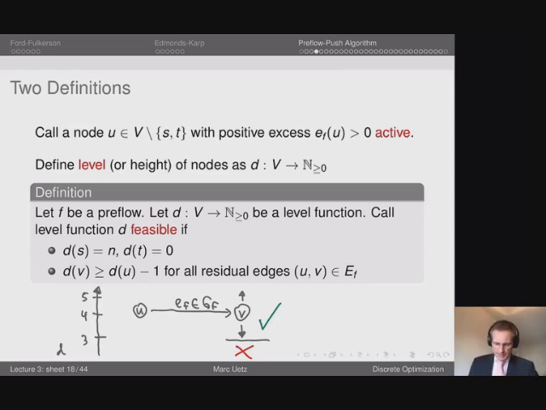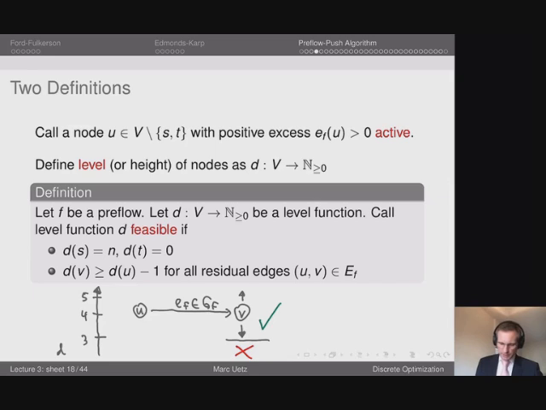Then the level of that node V in comparison to node U could be, for example, larger than that of U. It could also be smaller than that of U, but not by too much. So if the level of U is 4, like on this picture here, then the level of V could be 3, 4, 5, 6, etc. Such a level function is called feasible for a given preflow.